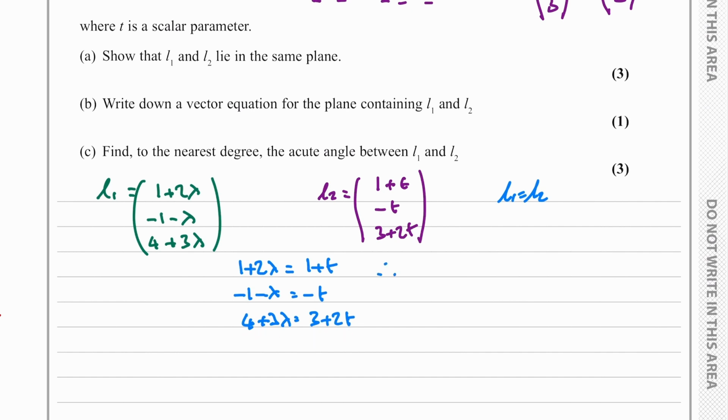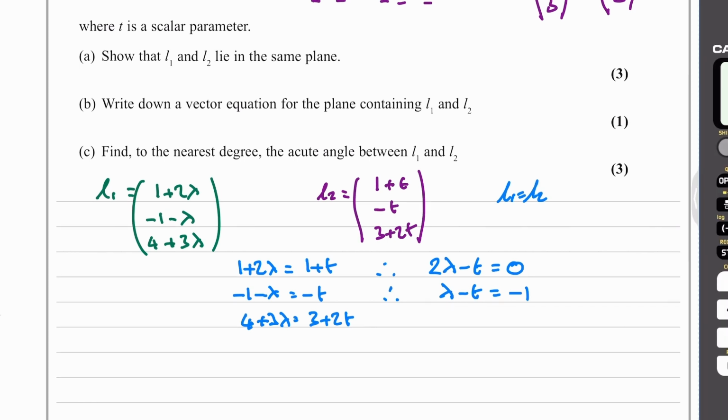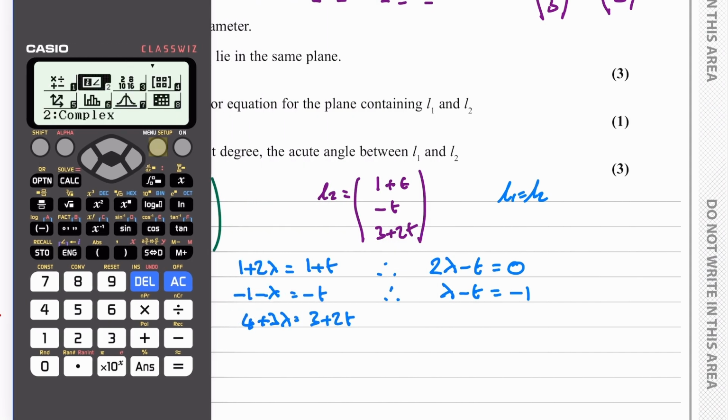So therefore, for our x values, 2 lambda minus t will equal 0. For our y values, lambda minus t will equal -1. Then we can find lambda and t using the equation solver on our calculator. So if we go to menu, we want 1 and then 2 unknowns.